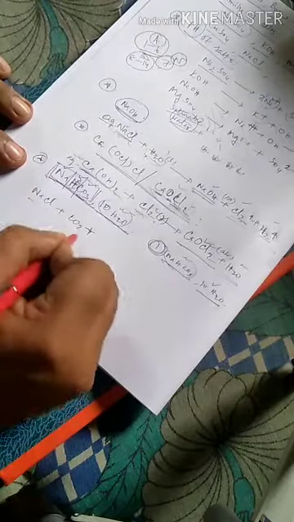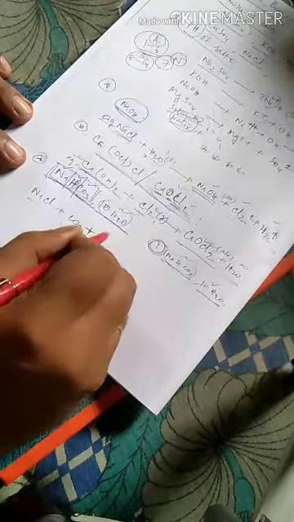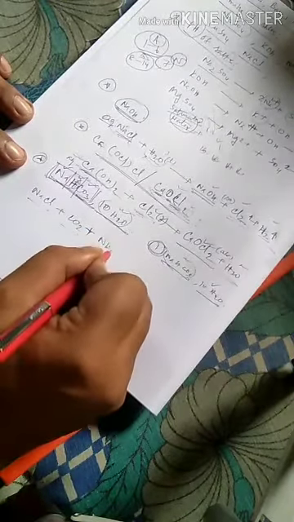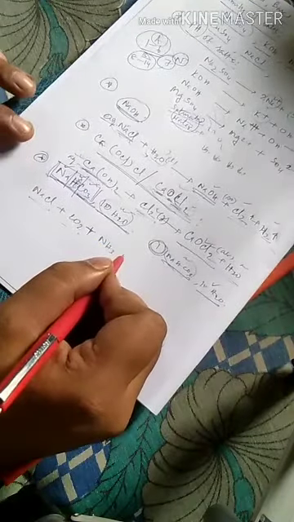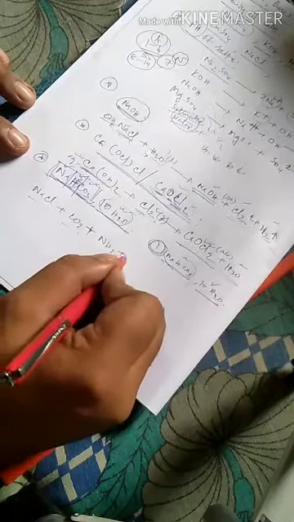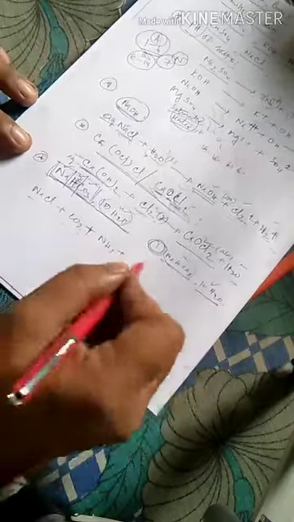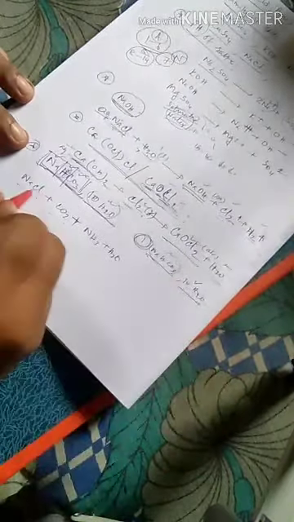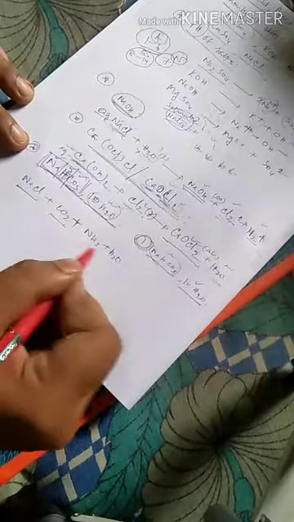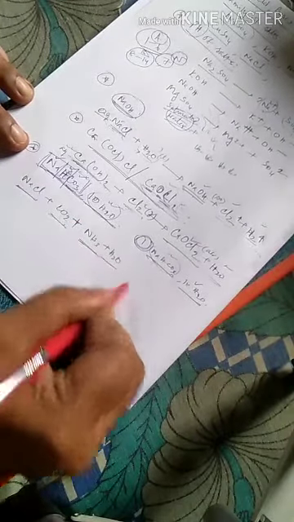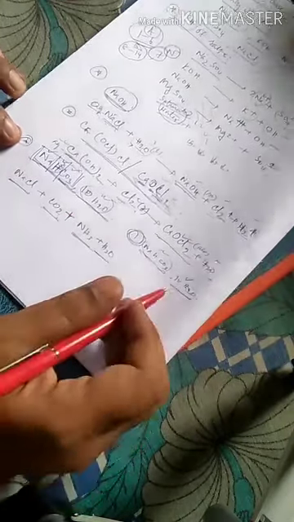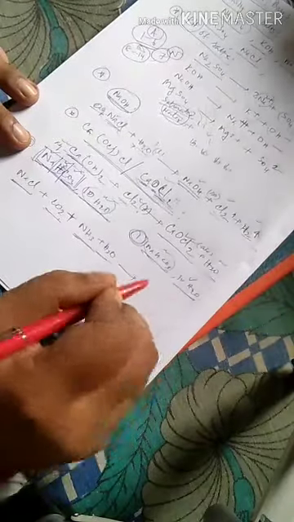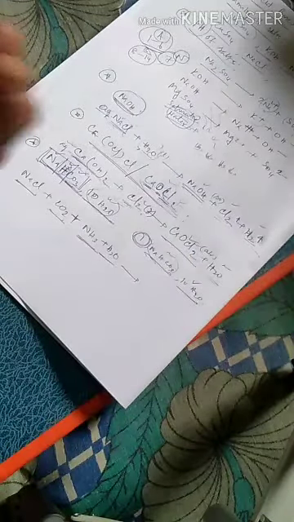So sodium chloride, carbon dioxide, and we have to take NH3 solution, which means ammonia solution, so of course we have to use H2O. So NaCl, CO2, NH3 solution means H2O. Got it? Now when they are assembled together in one beaker, what will happen?